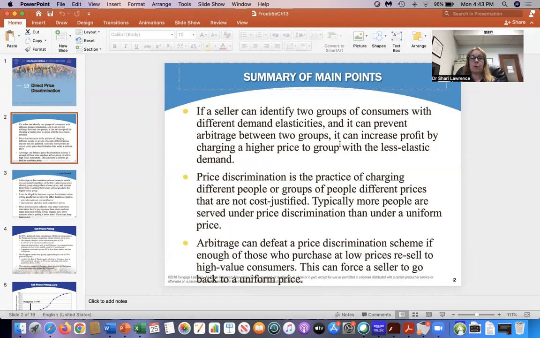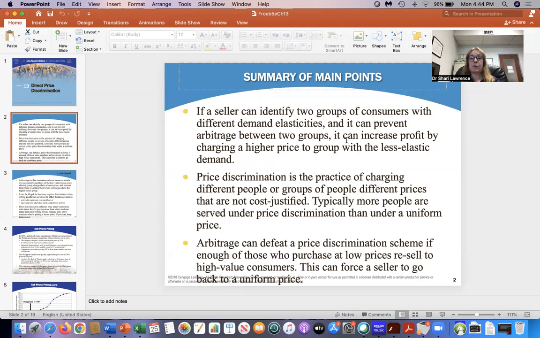A more economic way to explain what I was just talking about is, why are the seniors or the students being charged less? It's because of different demand elasticities.